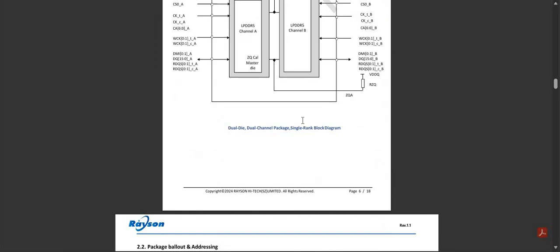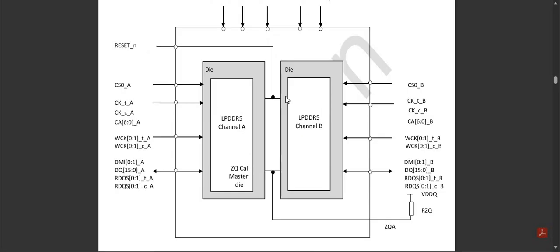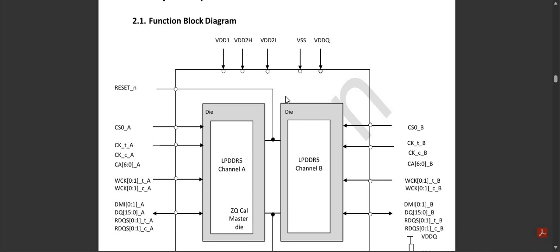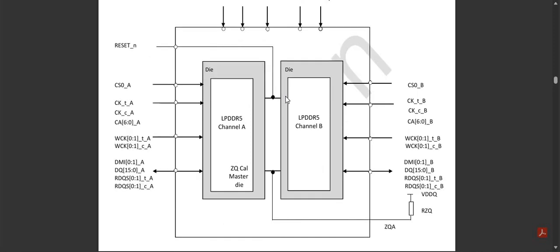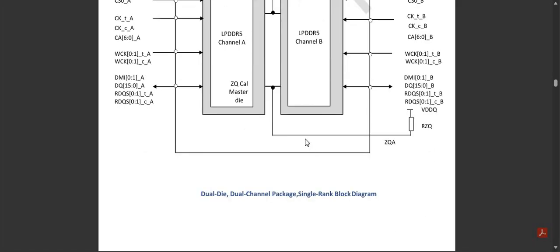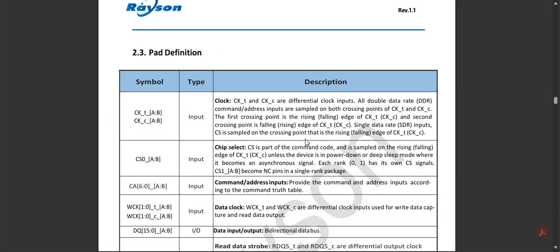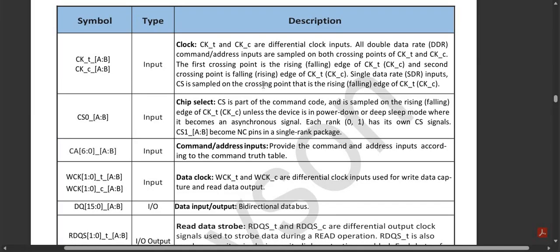And we can also see the signals in other structures, other block diagrams on its datasheet. So we can route two parallel LPDDR5, but right here we are only working with one. And right here in the description, you can learn a bit more about each of the signals.